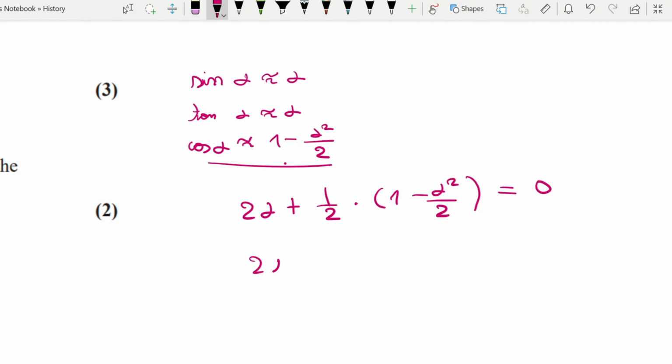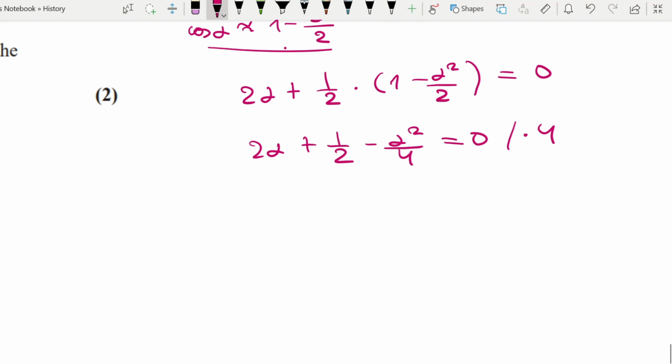Now let me multiply that out, and we're going to have plus 1 by 2 minus alpha squared by 4, and I'm going to multiply everything by 4 here to make it easier. I'm going to rearrange this too, so I'm going to have minus alpha squared plus 8 alpha plus 2 equals 0.